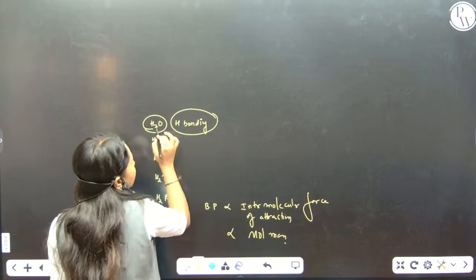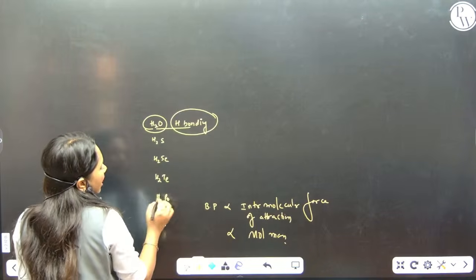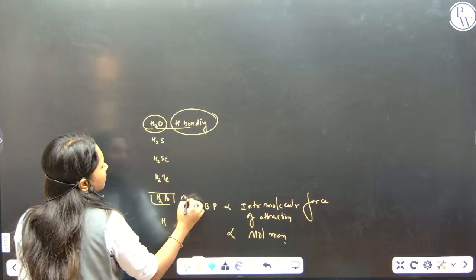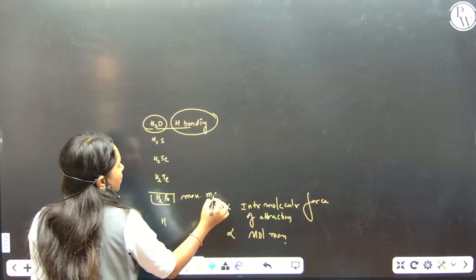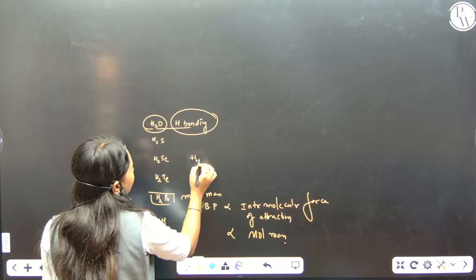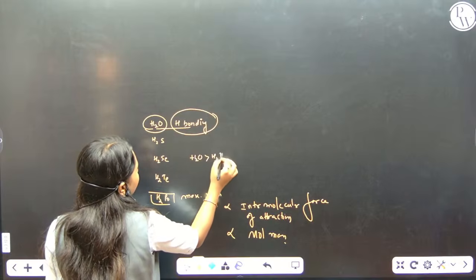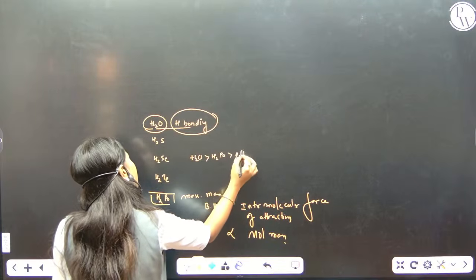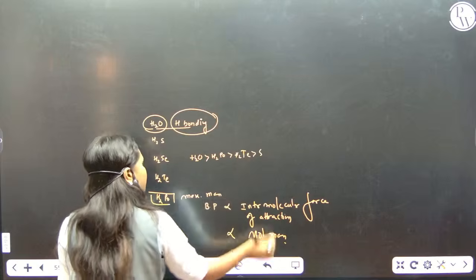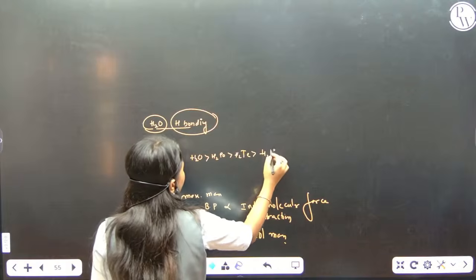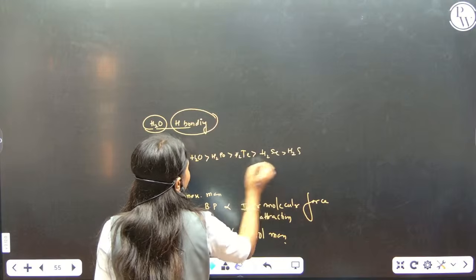So if this has H bonding and this has the maximum mass, what should be the order? Water highest, then polonium, then tellurium, then selenium, and then sulfur, right?